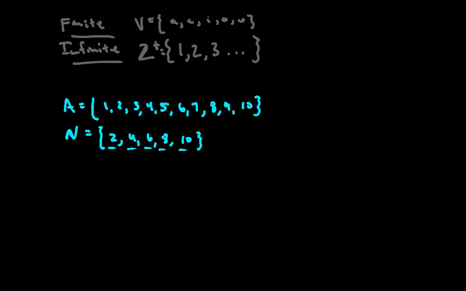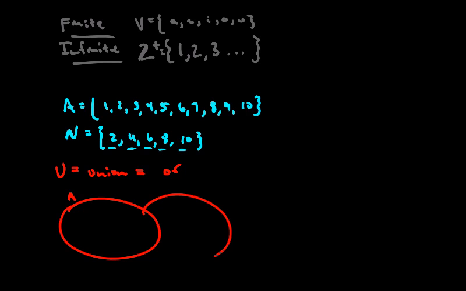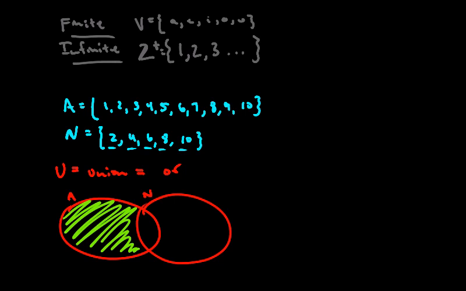Now, when you think of the intersection, that's what you'll think of, and again, that's the upside down U. But when we're talking about the union, union equals OR. Now what do I mean by OR? Well, if we have set A here, and then we have set N, if I'm shading the numbers here, these are in A or N. In this case, they happen to be in just A, but they're in A or N. That's a true statement.